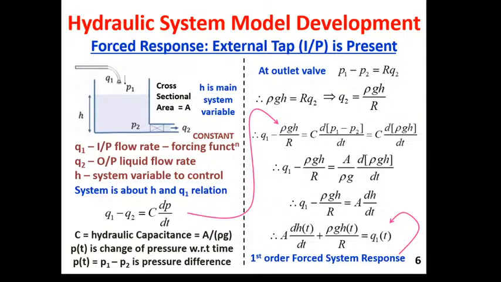It says that A is the cross sectional area of the container, dH(t)/dt is the rate of change of height of liquid inside the container. Rho is the fluid density, G is the gravitational constant, H(t) is the time varying height inside the container, divided by R. R is the hydraulic resistance.